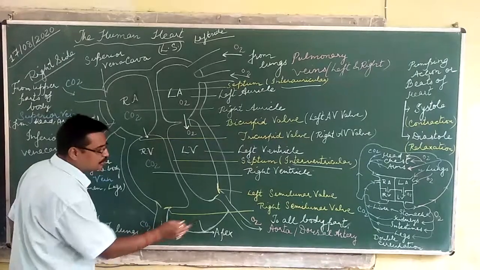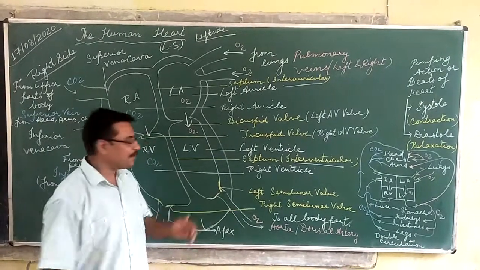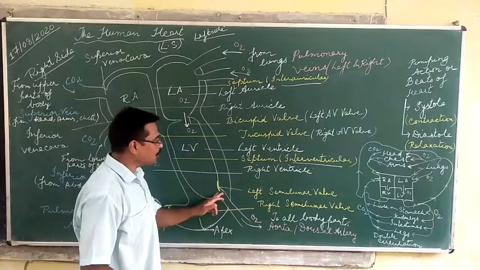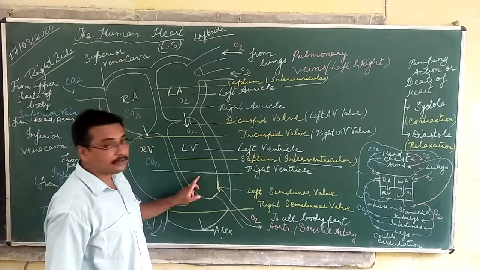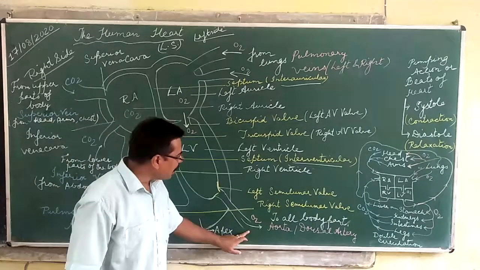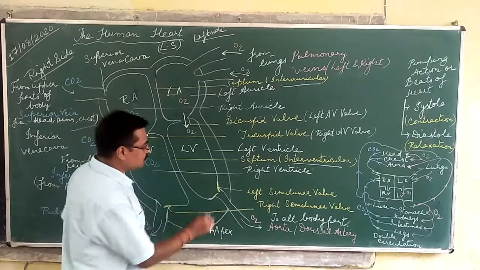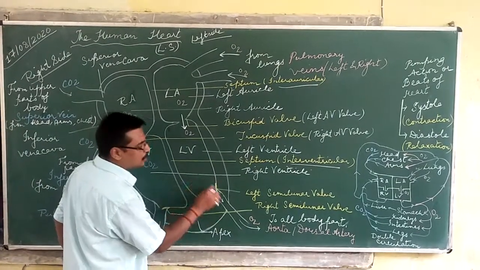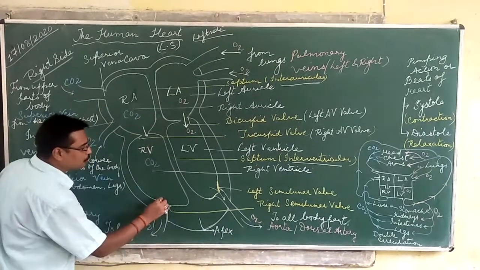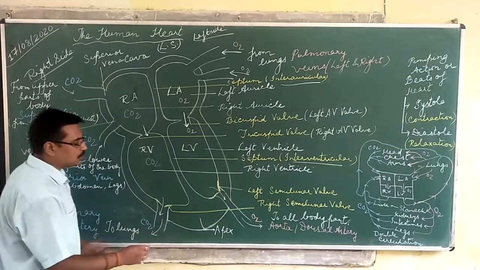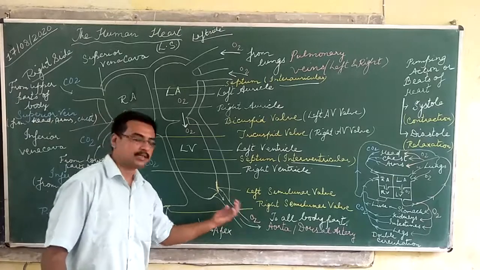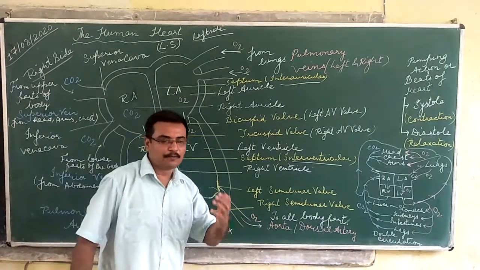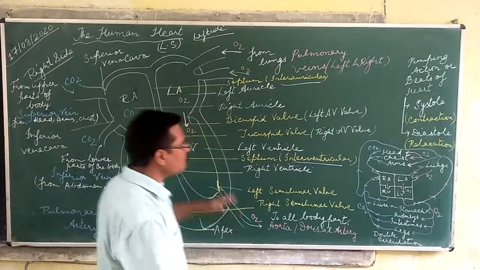These two valves prevent the movement of the blood from the aorta back to the ventricle. They help the blood move from the left ventricle to the aorta, and similarly from the right ventricle to the pulmonary artery. If the blood tries to go back, the flow will be prevented.